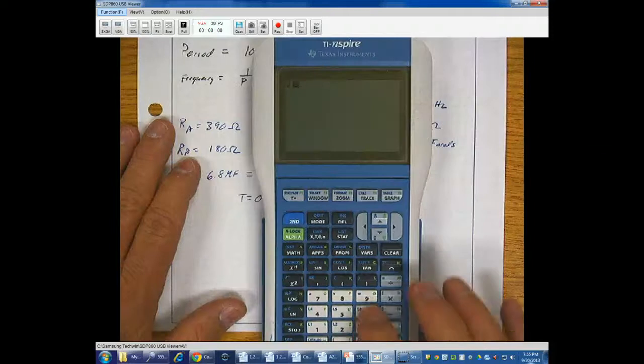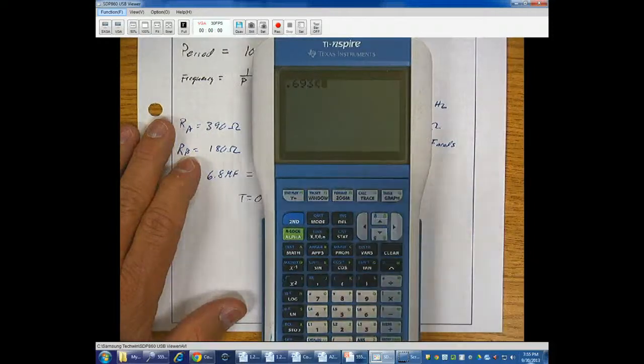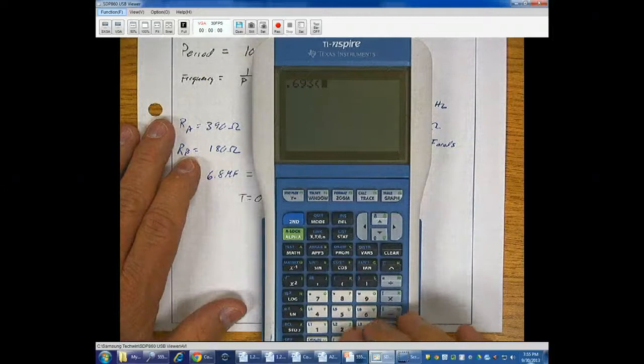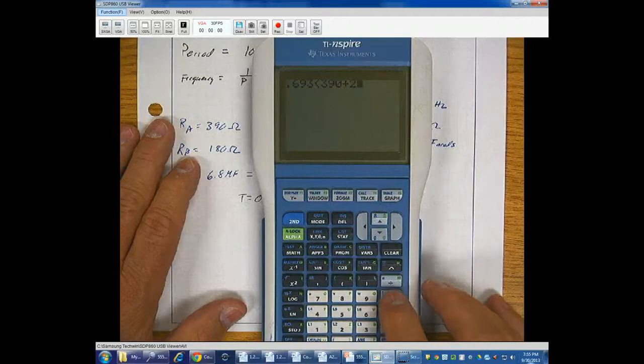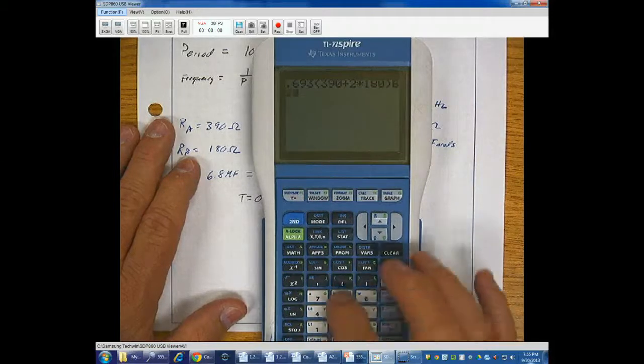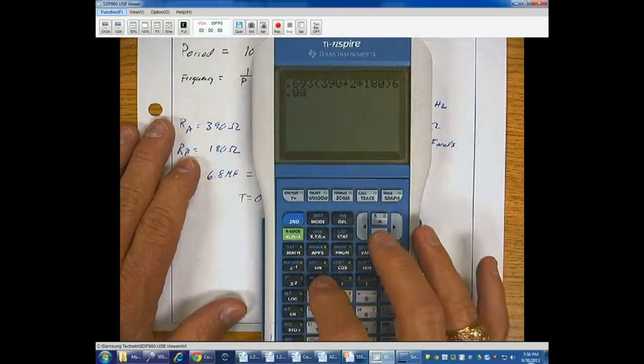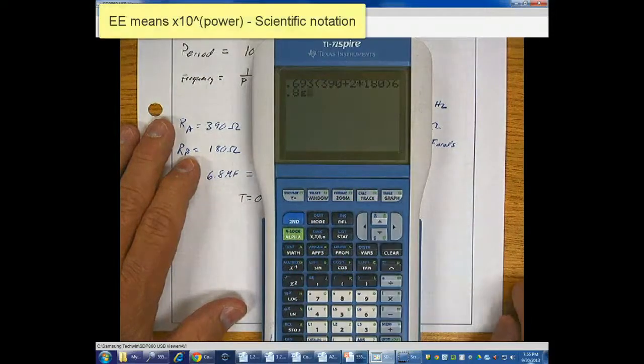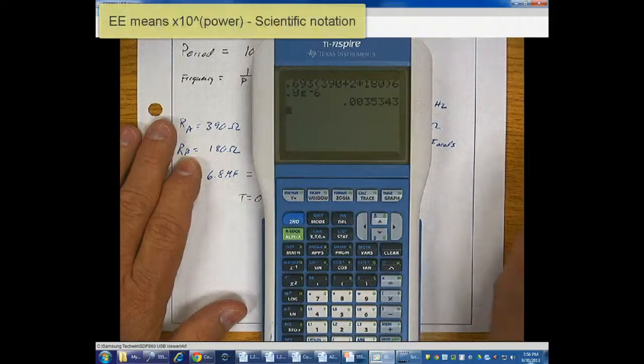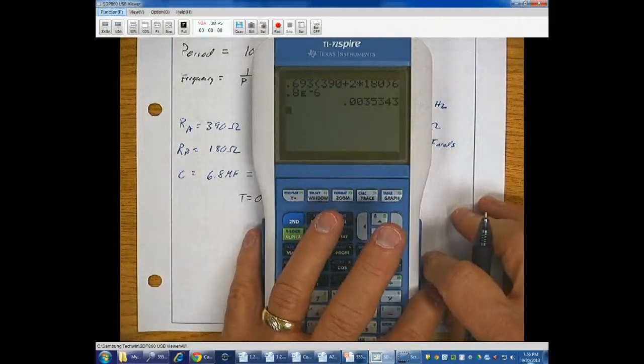So I'm going to put in 0.693, and I can use parentheses because the calculator understands that that's a times. My first resistor value was 390. The second resistor, and I need to double it, is 180. And then I had for the capacitor value 6.8. And this EE is the same as doing times 10 to whatever power, and that power was negative 6.